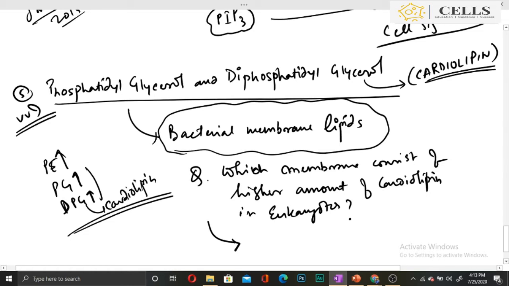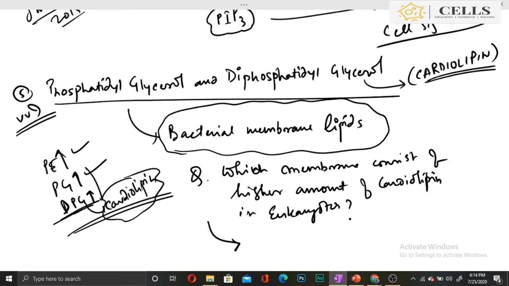Phosphatidyl glycerol and diphosphatidyl glycerol, these two membrane lipids, are present in huge amounts in bacterial membranes. We have learned that PE, phosphatidylethanolamine, phosphatidylglycerol, and diphosphatidyl glycerol, which is called cardiolipin, are present in huge amounts in the bacterial membrane lipids.